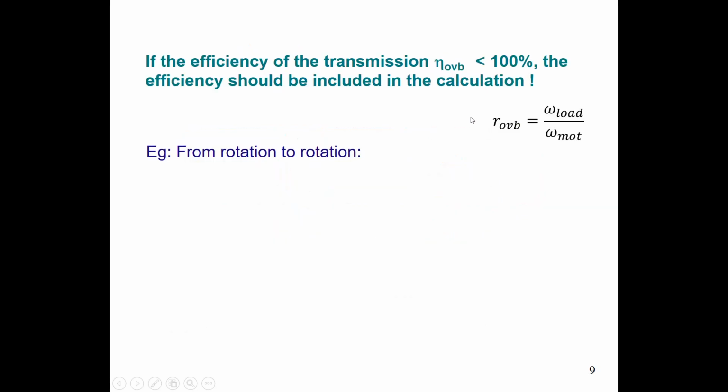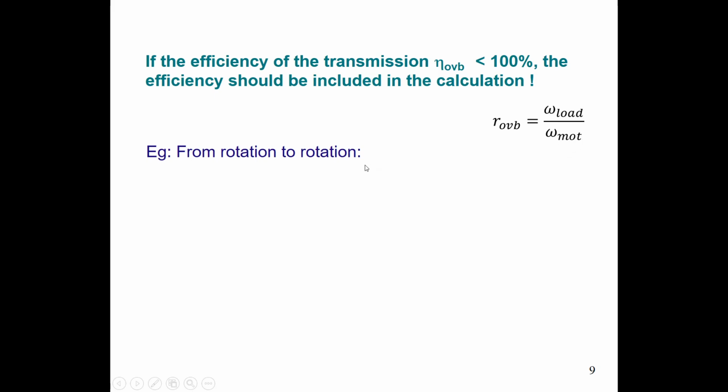But in practice, we often do not have a lossless transmission, but we have an efficiency in the motor. Or we can say there are losses in that transmission. So we have to take an efficiency of that transmission into account. Remember, this is the definition of our transmission ratio, which is omega load divided by omega motor, which is smaller than 1.